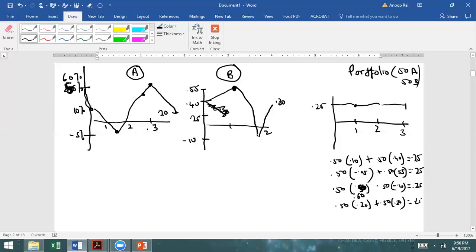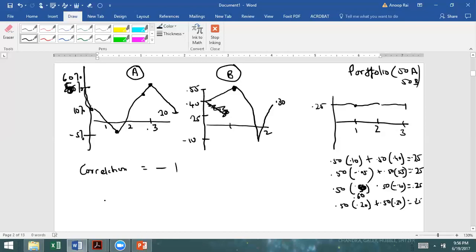Guess what happened here? I dropped from 55 to -10, which is a -65% drop. And finally, when this stock went from 60 to 20, that's a 40% drop. I went from negative 10 to 30, a 40% up. So we had a perfect negative correlation of -1.